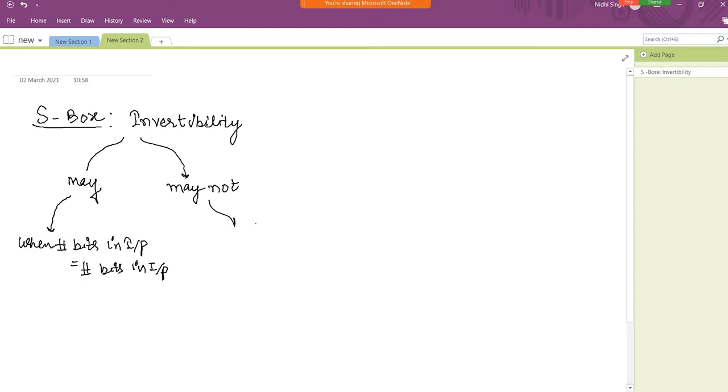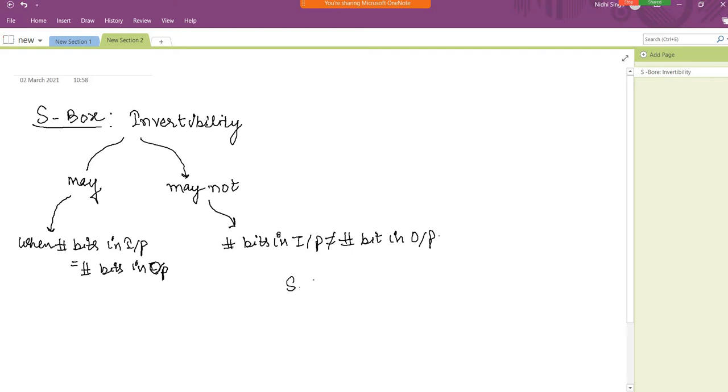For the may-not case, when we have a different number of bits in the input and in the output, in that case, when the number of bits is not the same in input and output, we cannot find the invertible S box.